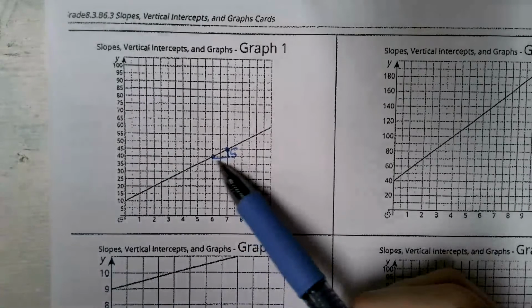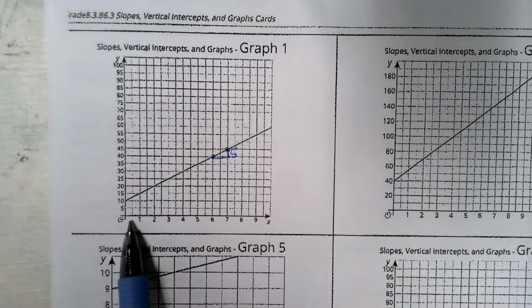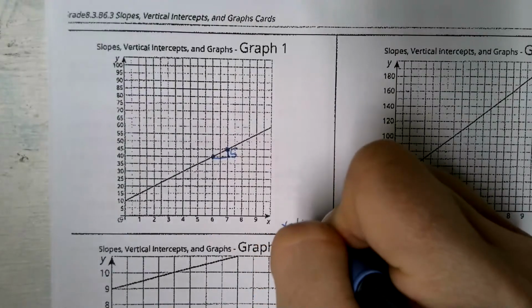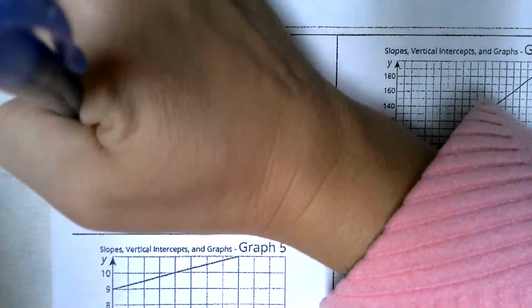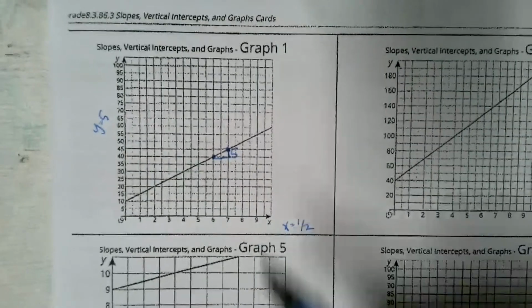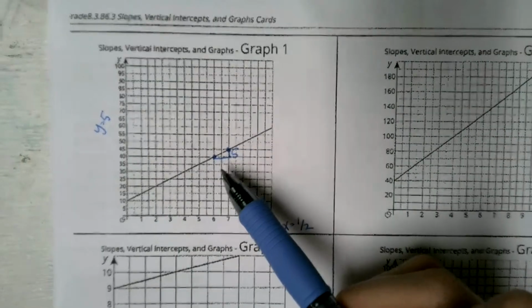Now I need to find my horizontal distance. Well, looking down here, my scale is counting by 1/2. So for every 1, that's really 1/2.